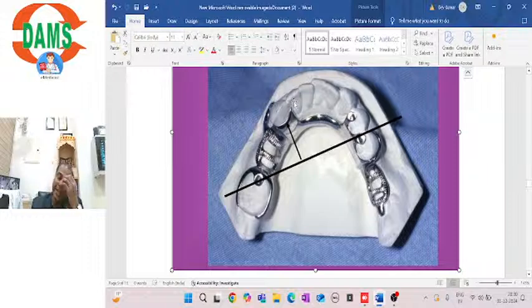It can be in the form of an occlusal rest, a cingulum rest, or an incisal rest. There is something known as lug seat. From the premolar, if there is an extension onto the canine in continuation with the occlusal rest, it is called a lug seat, L-U-G seat.